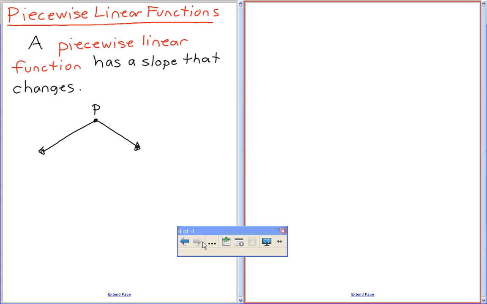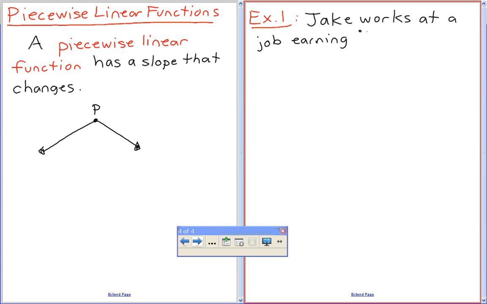Example one is going to say, Jake works at a job earning $12 an hour. When he works more than 40 hours, he earns time and a half.